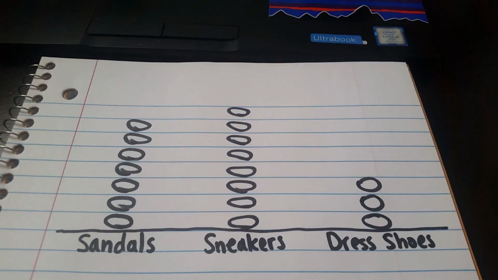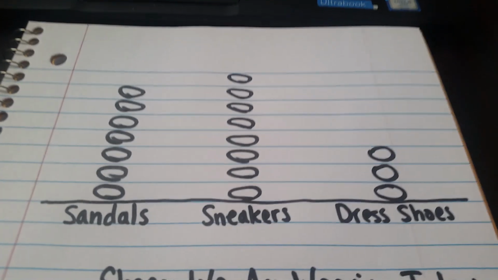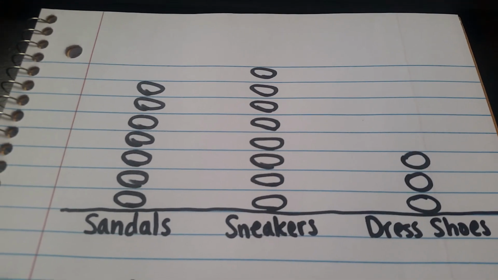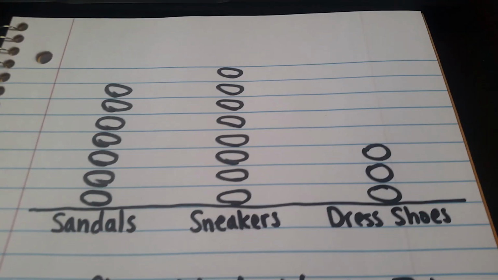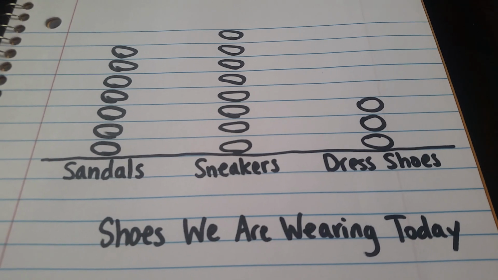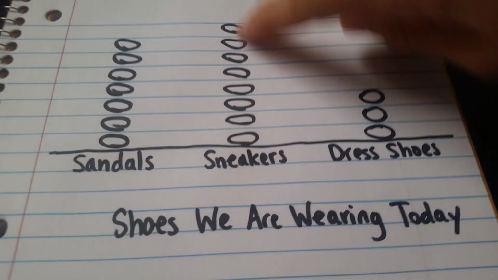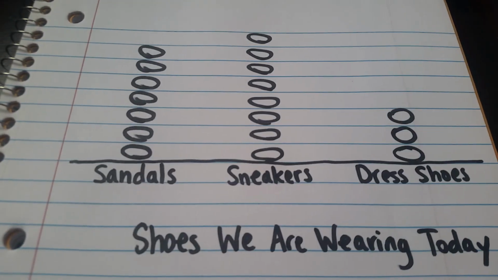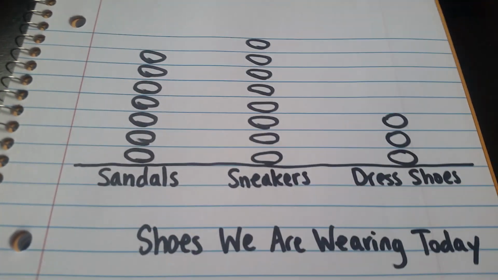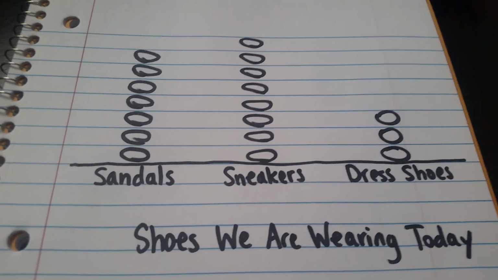Okay, the very last thing I want to show you guys is sometimes you can find missing information using your graph. So one example of that is if I said, how many total students were there that were wearing shoes today? Well, it doesn't say that. It just says dress shoes, sneakers, sandals. But I know a total would be all of these kids added up together. So I could even write an addition sentence.